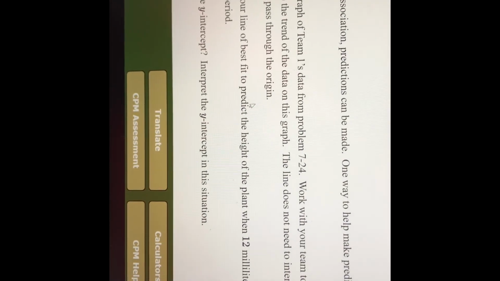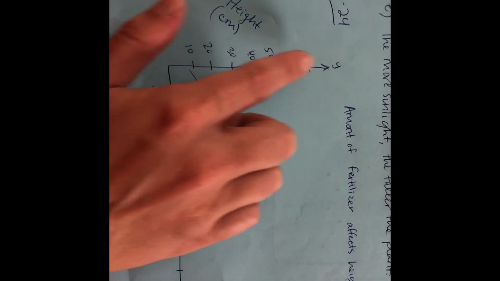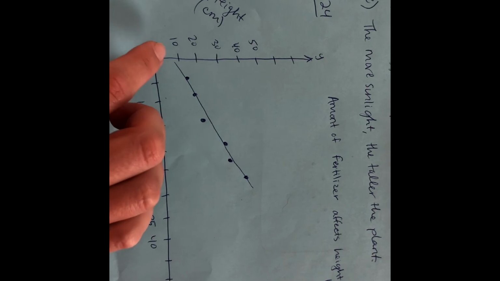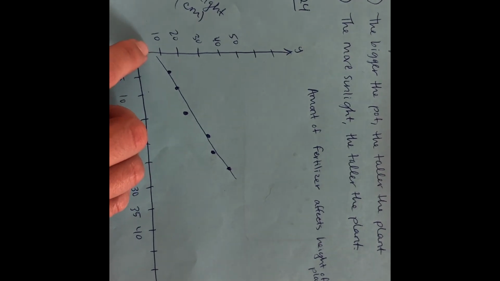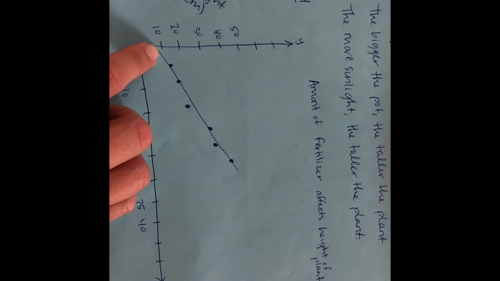And then for part C, it says, what is the y-intercept? Interpret the y-intercept in this situation. So the y-intercept, remember it's that point where the line would cross the y-axis. And since I'm not touching it, I'm just going to take a guess. I put the y-intercept might be 10 because I might be a little off with my line of best fit.